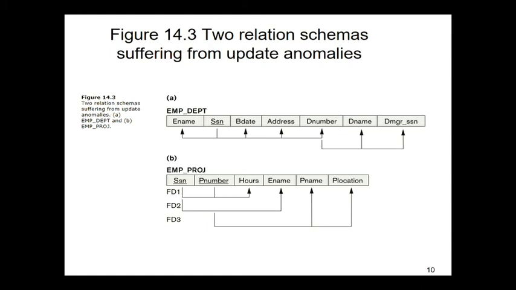That doesn't make any sense. Okay? What about the employee project underneath that one? I have the employee name and the project name and the project location. Right? So none of those make any sense.